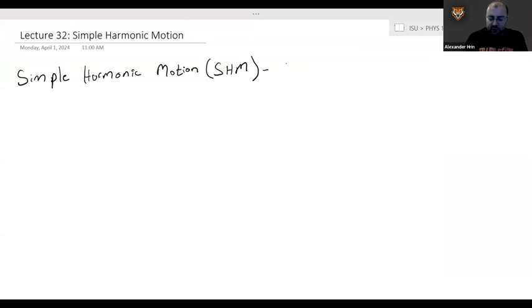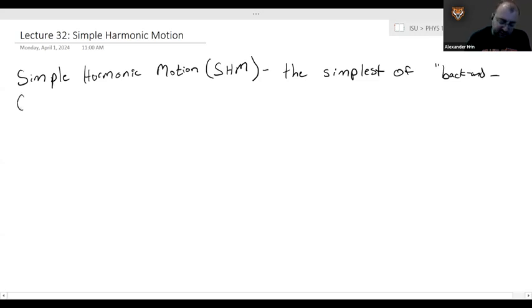But basically, simple harmonic motion is just the simplest form of, and I'll put this in quotes, "back and forth" type motion. Okay, so that's what we mean when we're talking about simple harmonic motion.